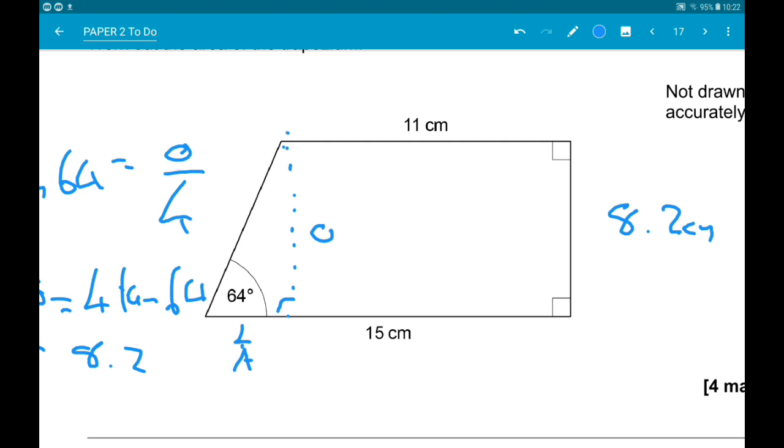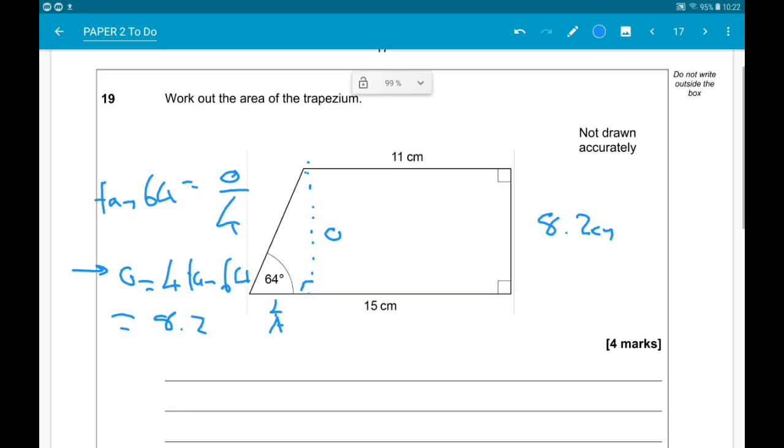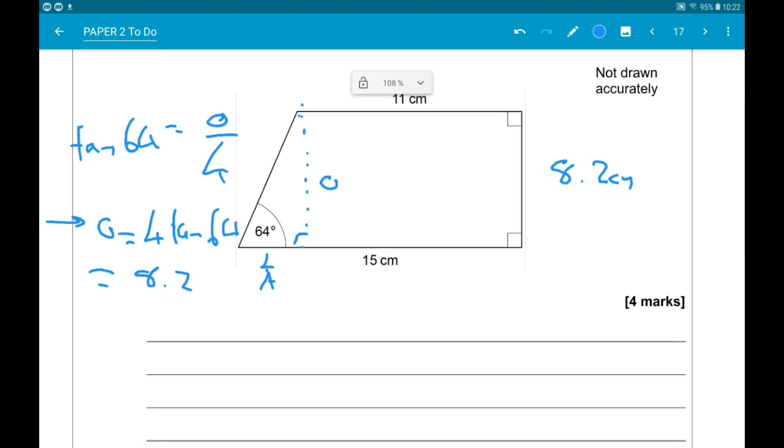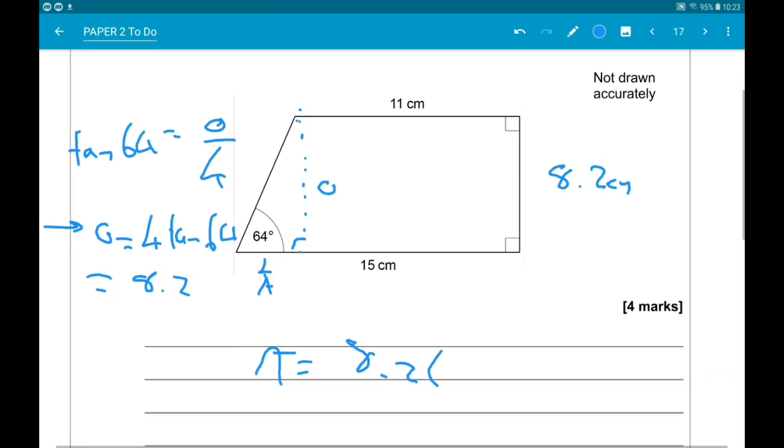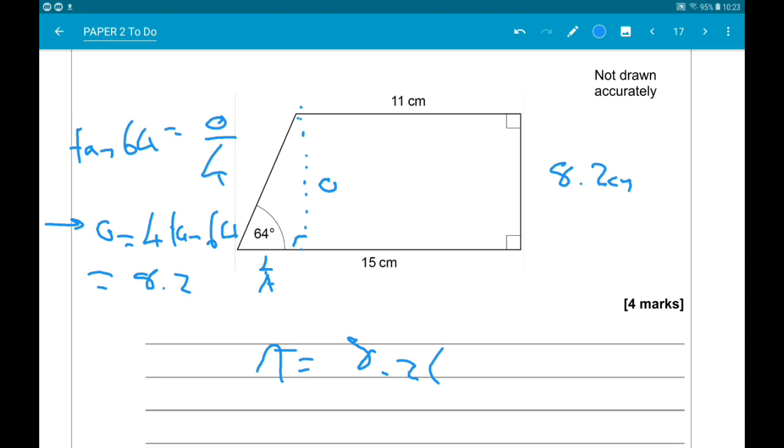So now that we have that, we can work out the area. So the area is the height, so 8.2 times the top and bottom added together, so 26, all divided by 2.